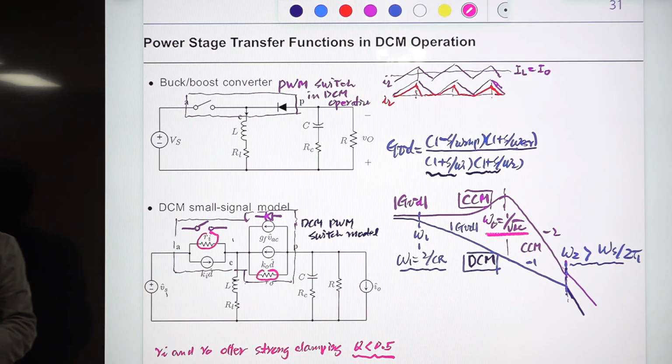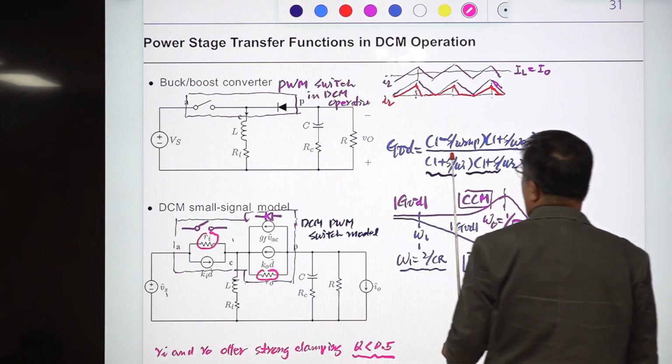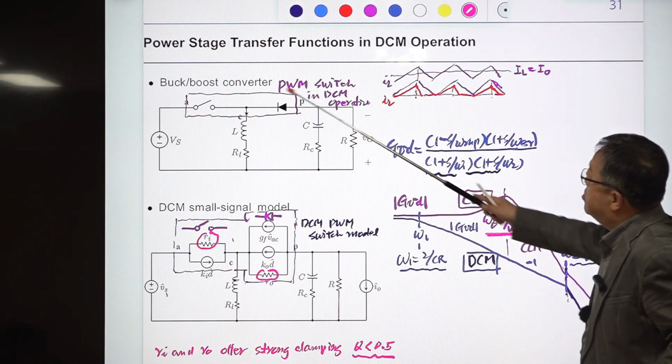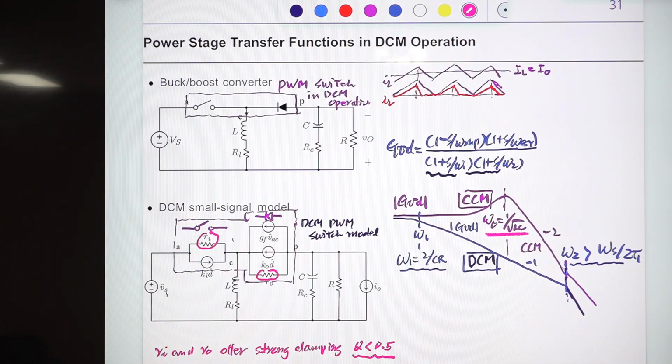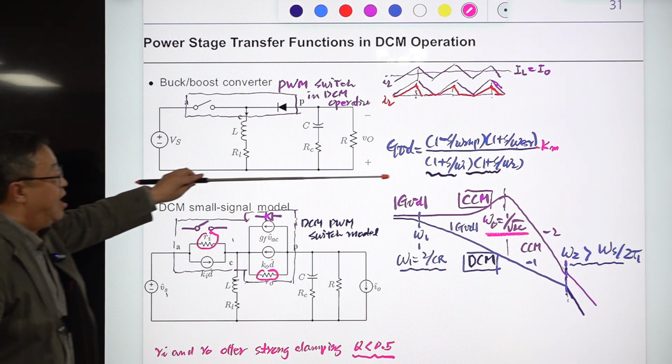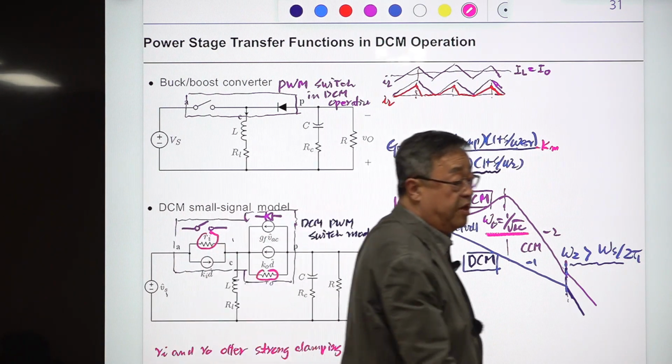This is the example. This is a control to output transfer function of this buck boost converter. Maybe I need some factor here. Maybe some DC gain KM should be here. And we have this RHP 0 and ESR 0. So the numerator remains the same.